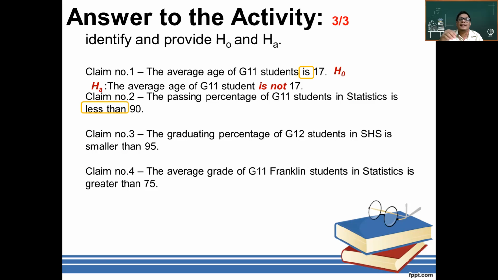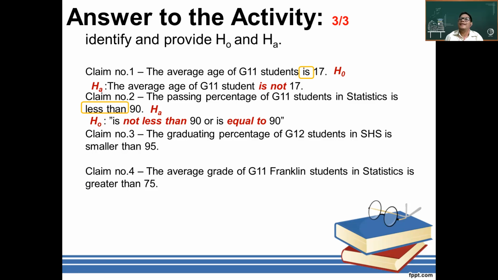So it is the less than sign. When you say less than sign, is it alternative or null? Of course, it is the alternative hypothesis. So you have already identified the alternative hypothesis: it is less than 90. Then you will make the contradiction, the null hypothesis: it is not less than 90, or it is equal to 90. That is very much the same.